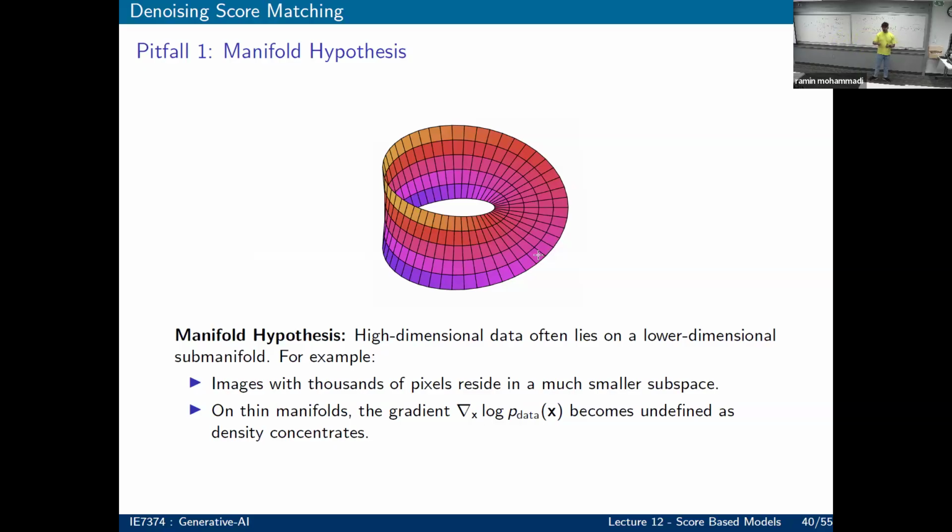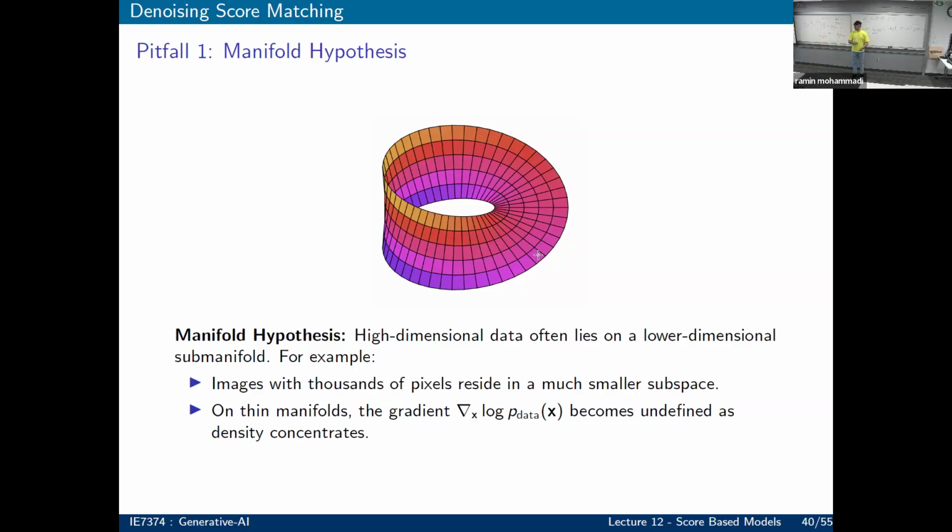Again, if I have my hand like this and keep taking photos while rotating it, each image has a really high dimension, but the actual variation is that my hand is rotating on one axis.